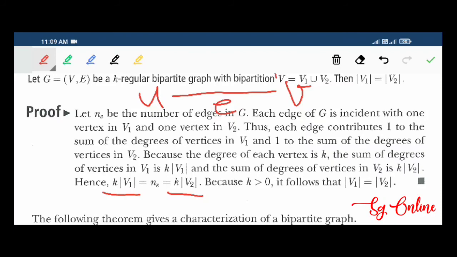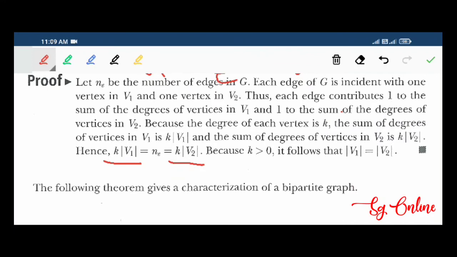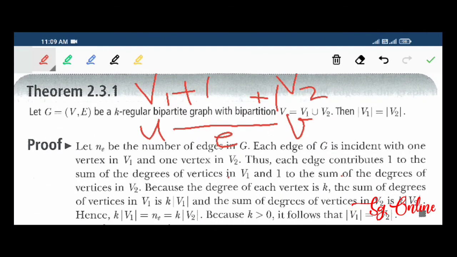So immediately it follows that the cardinality of V1 is equal to the cardinality of V2. So every regular bipartite graph is equipartite. This is basically the result here.